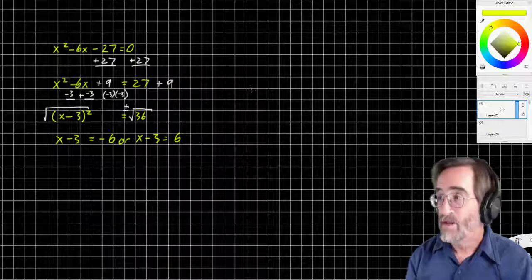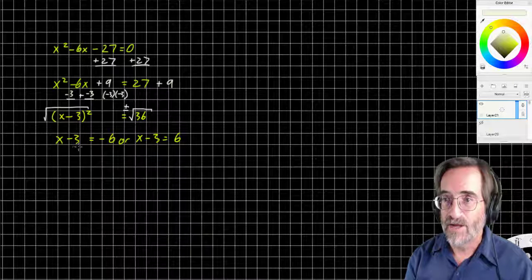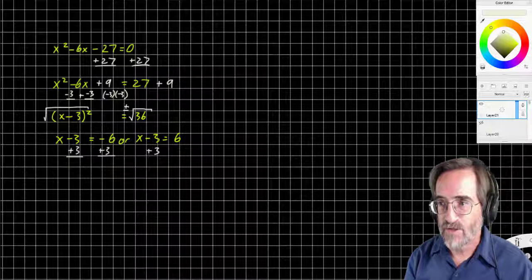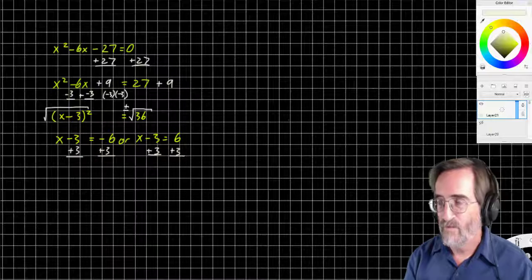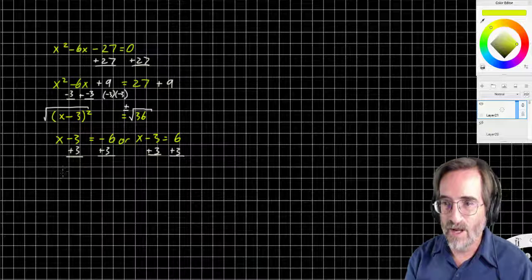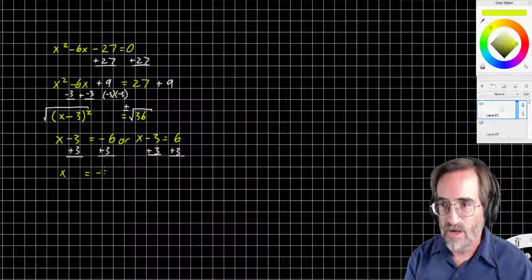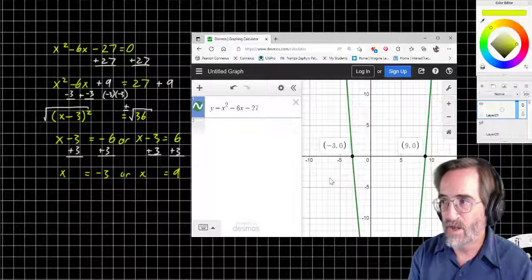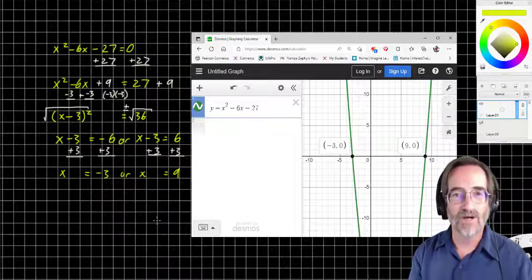And now we're going to solve by undoing. Opposite of minus 3 is plus 3. And we get x equals negative 3, or x equals positive 9. And if you recall from our graph, that's what we got, negative 3 and positive 9.